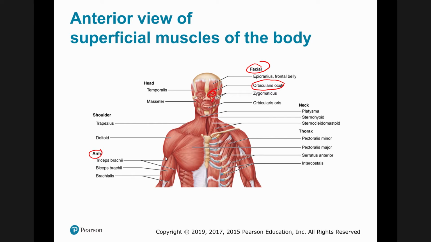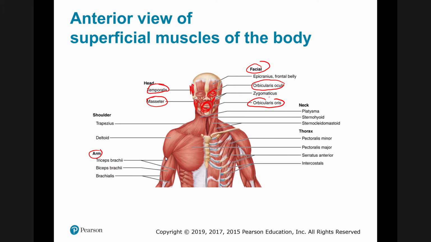Zygomaticus, present underneath the cheek. Orbicularis oris, the lip muscles. Puckers your lip. Masseter are the parallel muscles near the cheek. Temporalis are the muscles present near the temporal bone. Okay. So that's for the head and the neck.